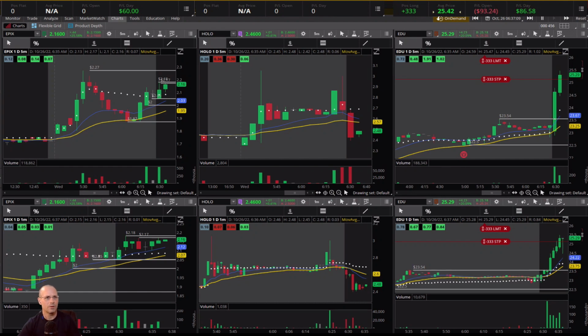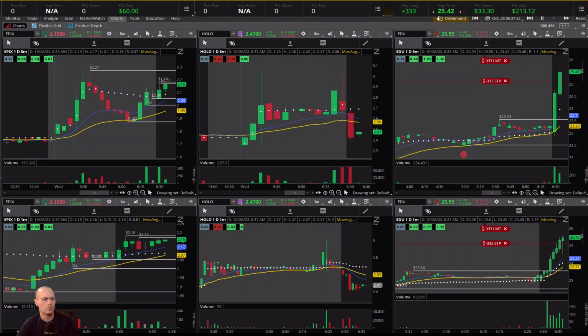So it might come back to $25. That was a false wick, that one that came down through my stop loss there. There's 25.50, the breakthrough, and I sold it.